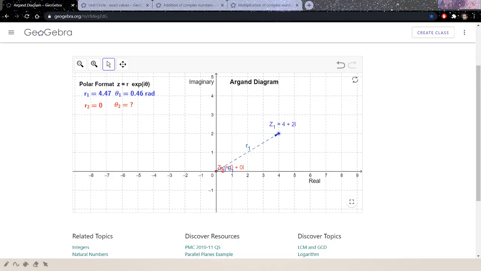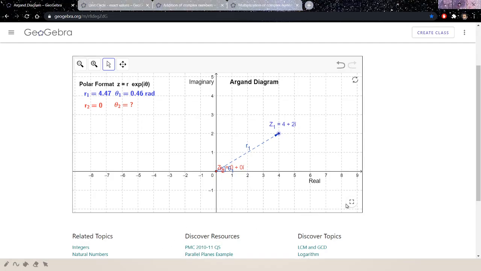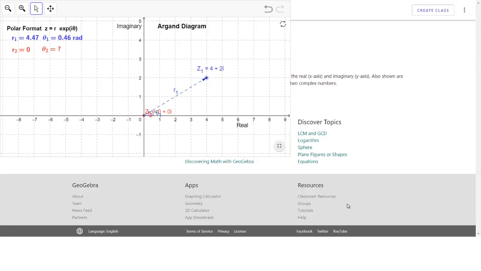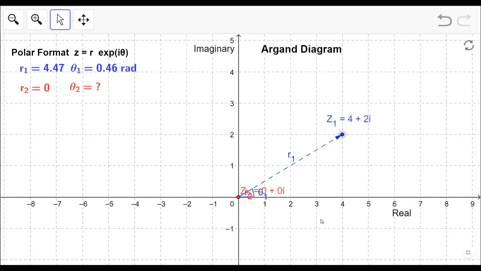Let us come back. I will show you something else which I hope will make these topics a little clearer. If you look at this, this is my complex number.